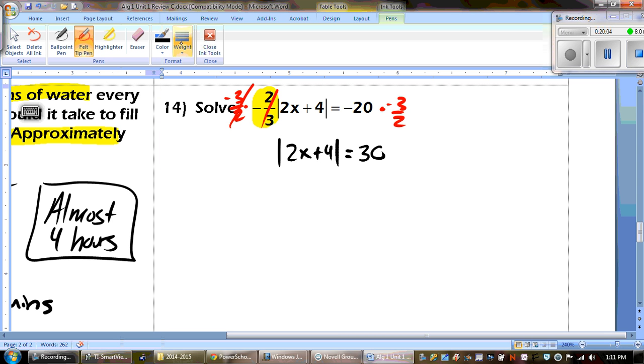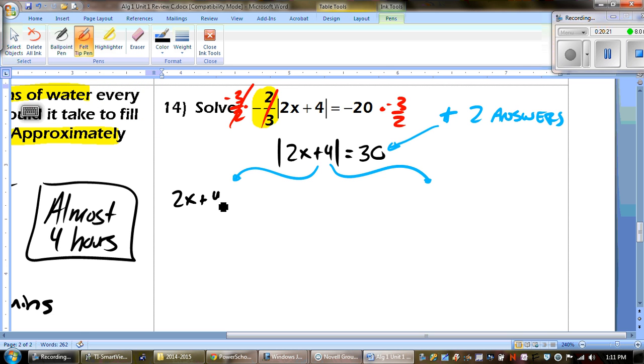Since that is positive, we have two answers to this. So we have to break it down into two problems: 2x plus 4 equals negative 30, and 2x plus 4 equals a positive 30.